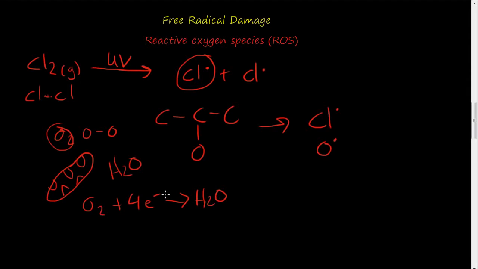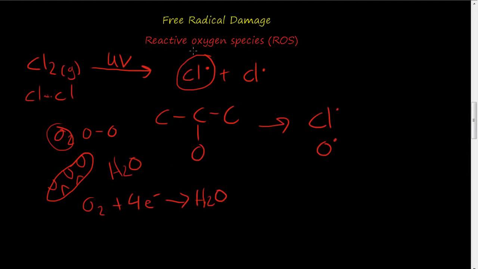Through this process, free radicals are produced, a free radical again being any kind of atom or molecule that has an unpaired electron. Those are properly taken care of and destroyed by certain mechanisms, and we're going to talk about those.